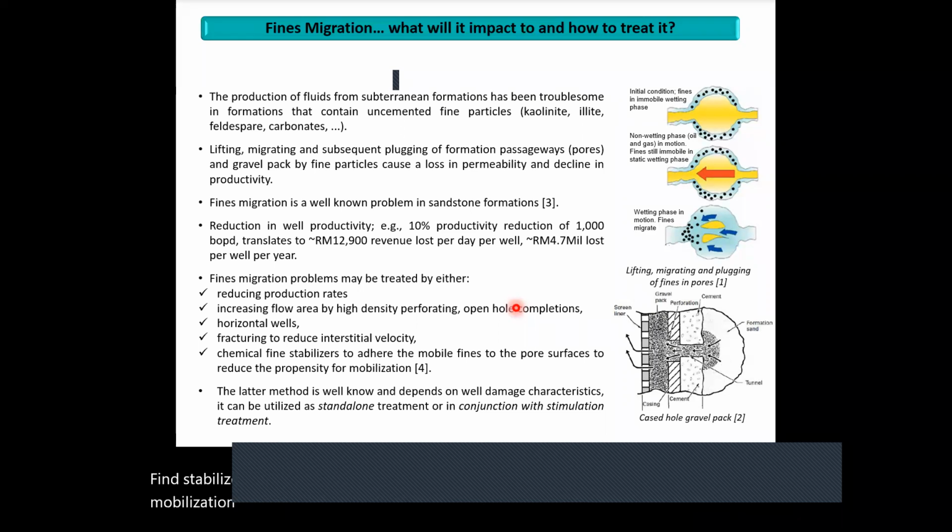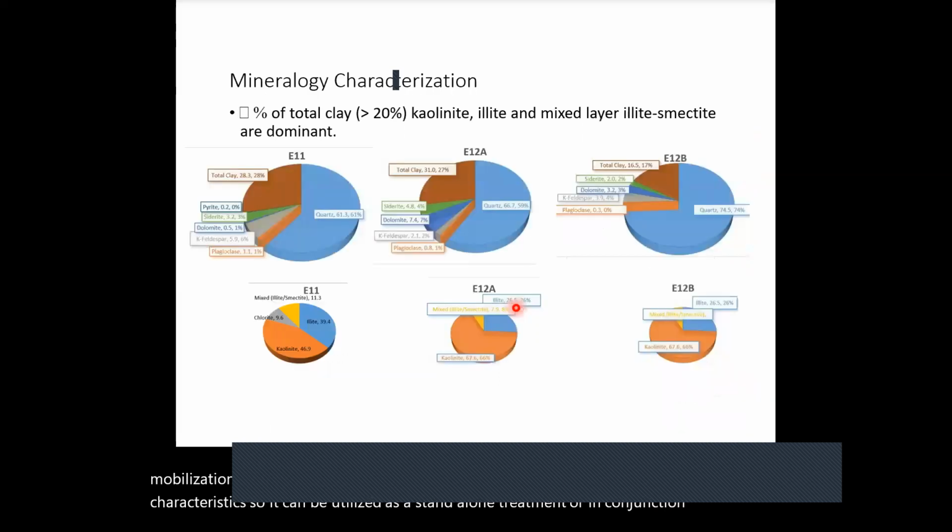That's why the latter method is well-known and depends on well damage characteristics. It can be utilized as a standalone treatment or in conjunction with a stimulation treatment.